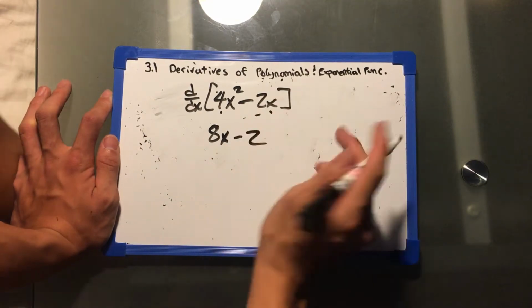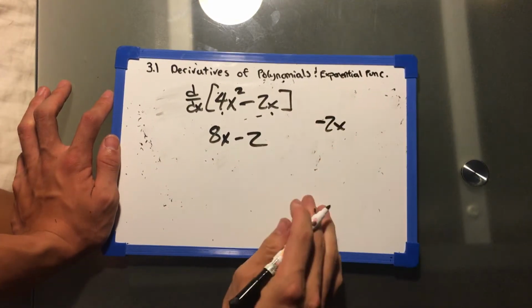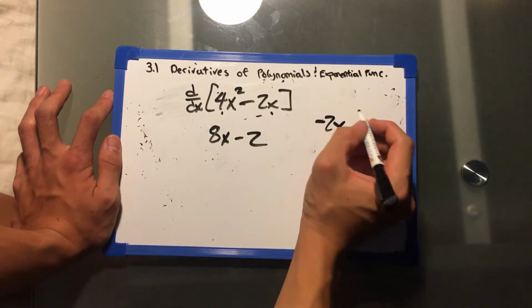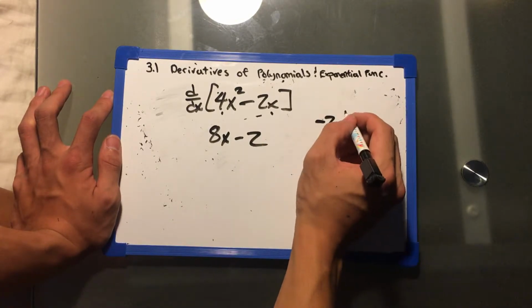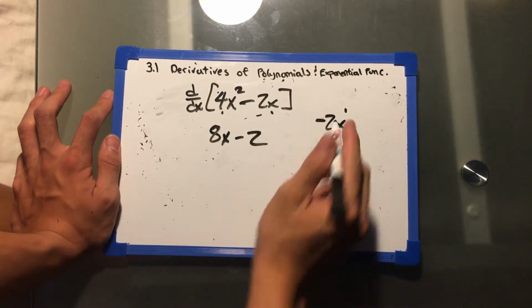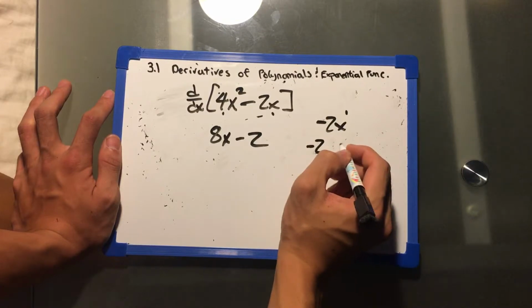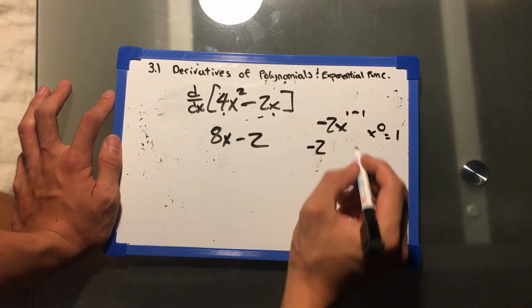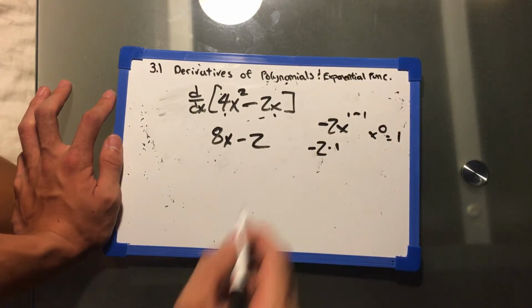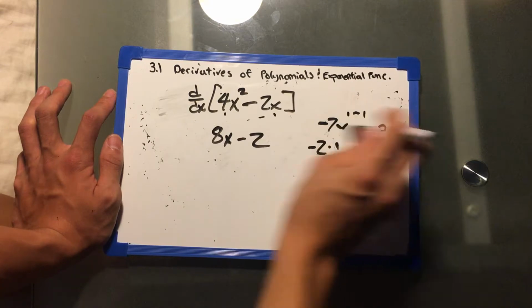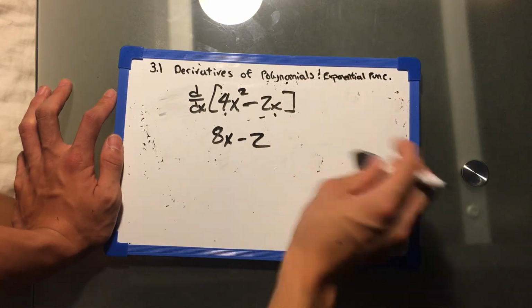Also, with negative 2x, you might be wondering, how does that just become negative 2? Well, it's the power rule, but up here, there's a 1. So bring that down, same thing, negative 2, 1 minus 1, and x to the 0th equals 1. So that's times 1, so basically negative 2. And there we go. That's the sum and difference rule.